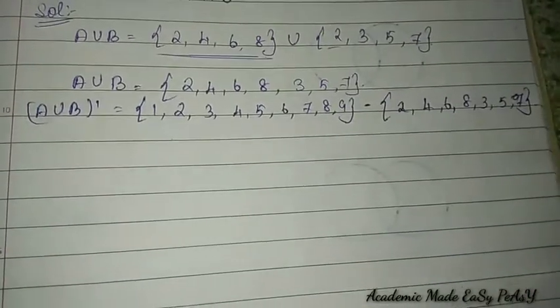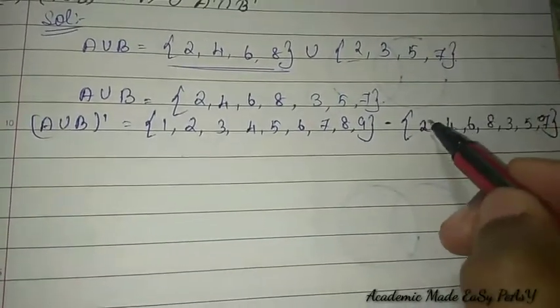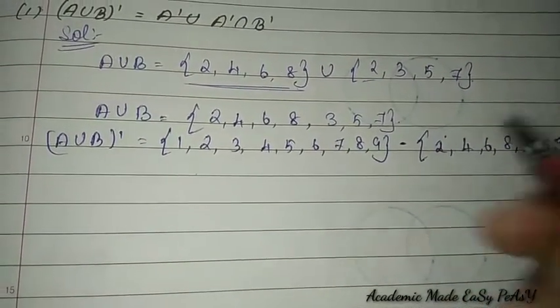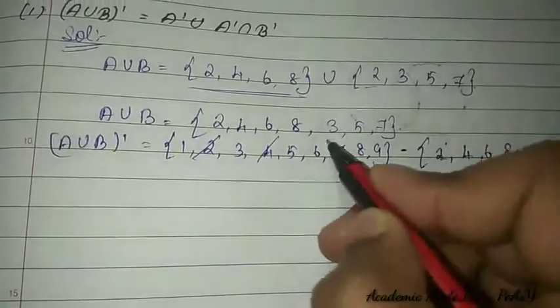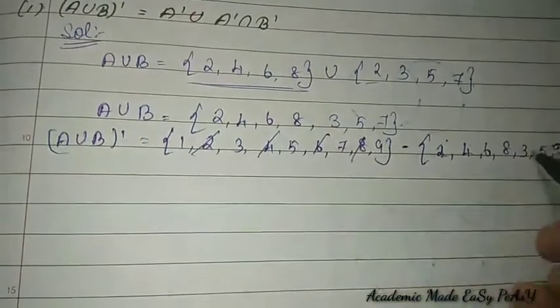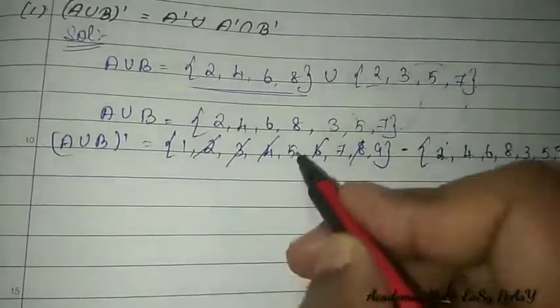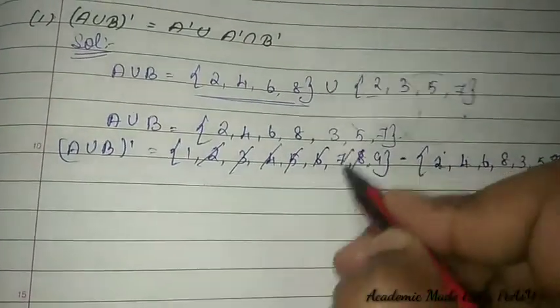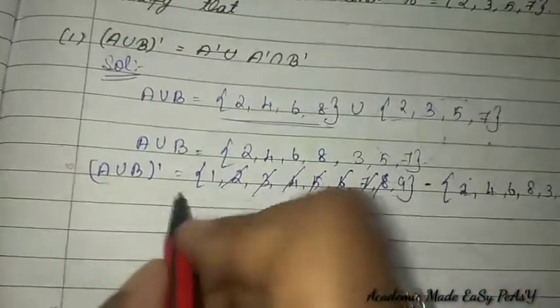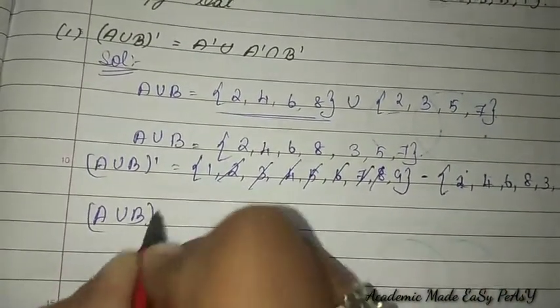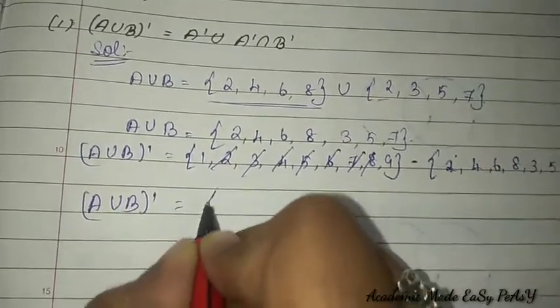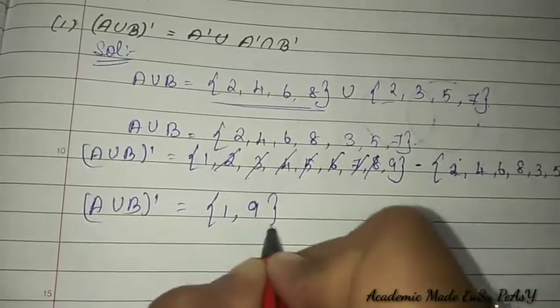I have used the same method now. Now we will be cancelling the common elements. 2, 2, 4, 4, 6, 6, 8, 8, 3, 3, 5, 5, 7 and 7. So therefore, my answer (A union B)' is equal to {1, 9}.